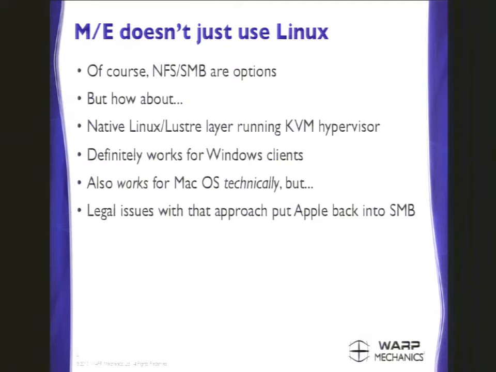Obviously, you can do SMB or NFS, but we've recently started putting the client operating system as a virtual machine on top of a Linux layer running the KVM hypervisor. So the hypervisor layer can be a native Lustre client, which gets you considerably better performance than if you're just having a Windows box connecting to a gateway using SMB.